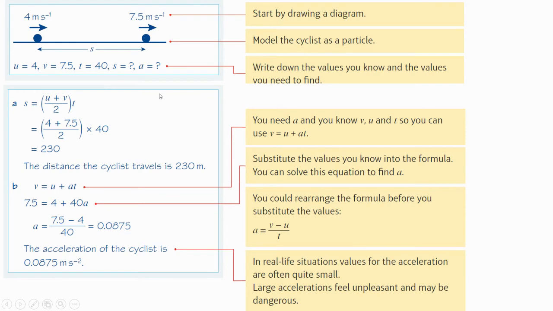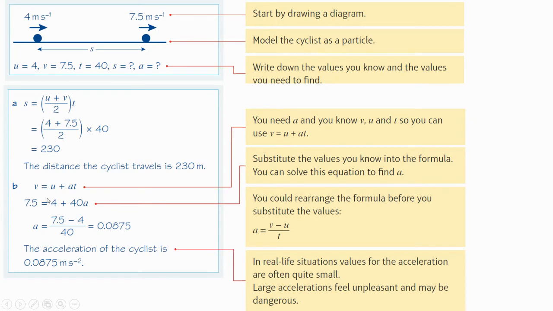The second one, we are looking for a. Because at this point we know 4 of the 5 things, we could use absolutely any equation. This is a pretty simple one: it doesn't involve halves, squares or brackets, so it's probably the best one to use, but you could use a number of other ones.